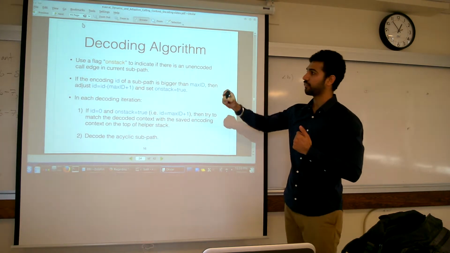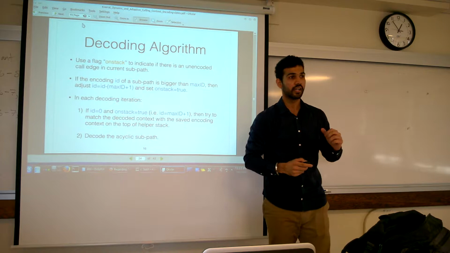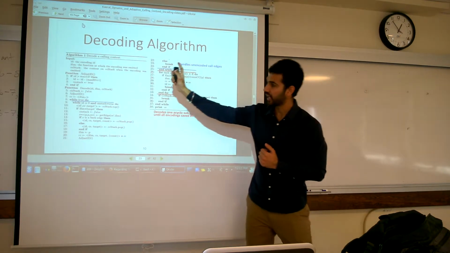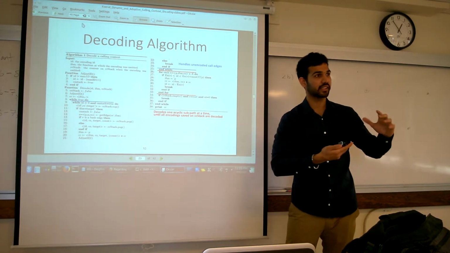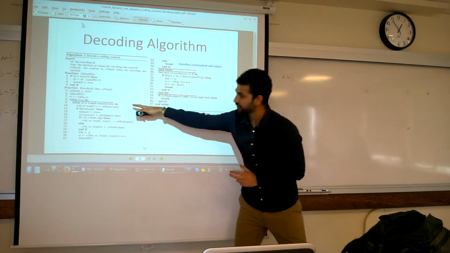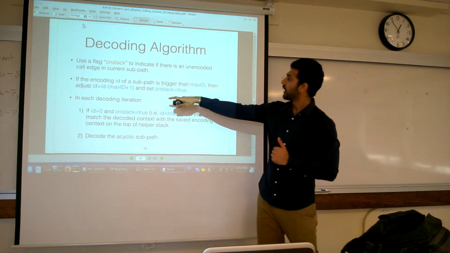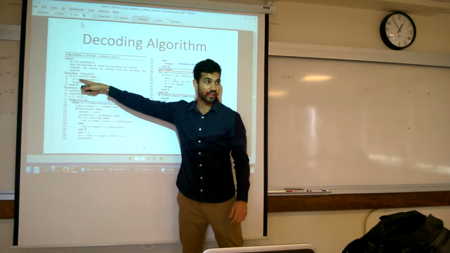It actually uses a flag onStack to indicate if there is something on the call stack. And then it calls the adjustID function, which tells you whether this function will be executed or not. Now, how it does it is that it checks if the ID is greater than the maximum ID right here.